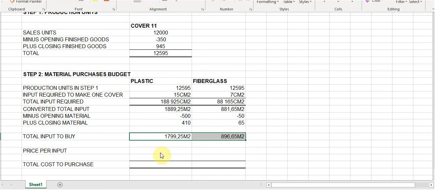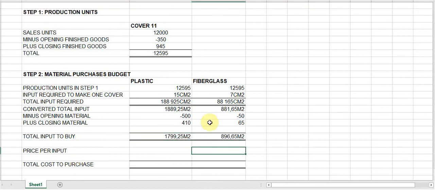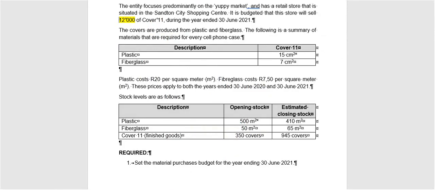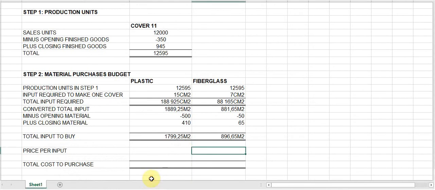Great stuff. Then we need to look at the price per meter for plastic and the price per meter for fiberglass. Going back to my question, it is 20 Rand for plastic and 7 Rand 50 for fiberglass. I'm filling that in. Now I multiply my square meters to buy, 1,799.25, by the 20 Rand, and I get 35,985.